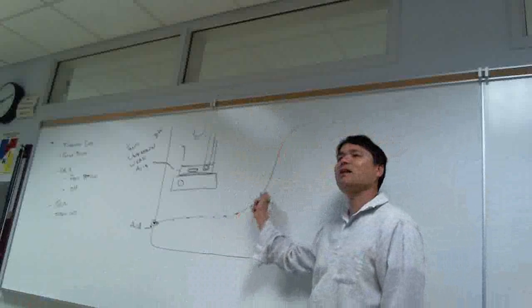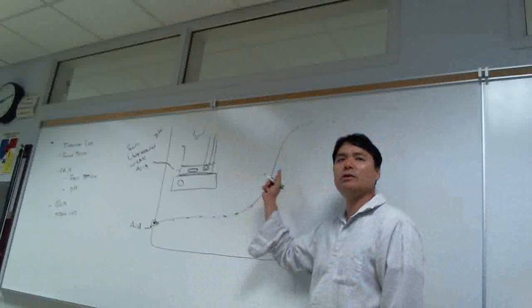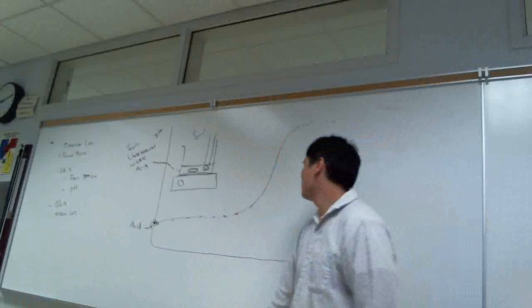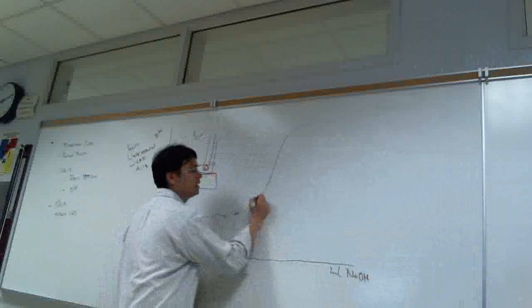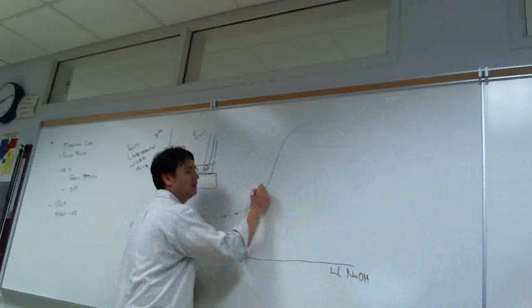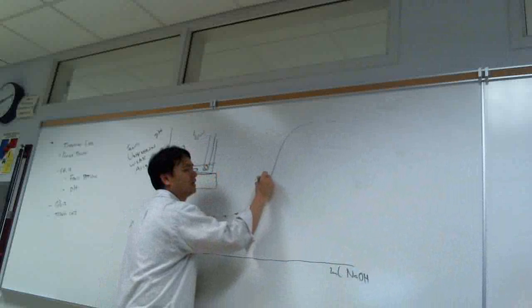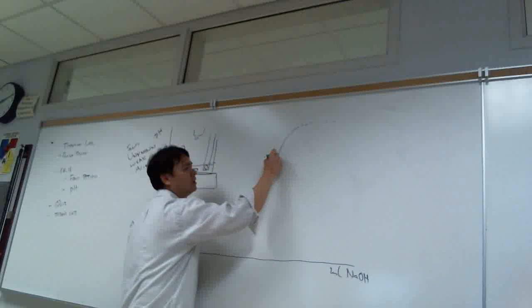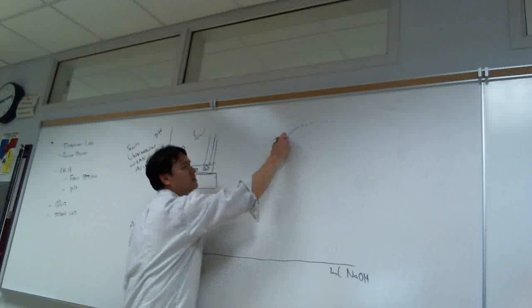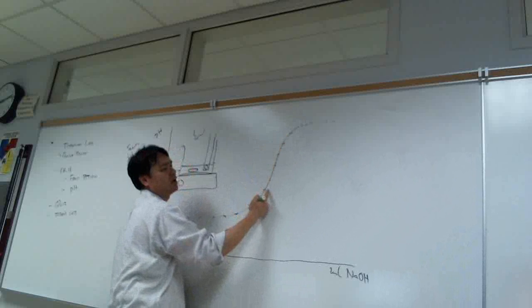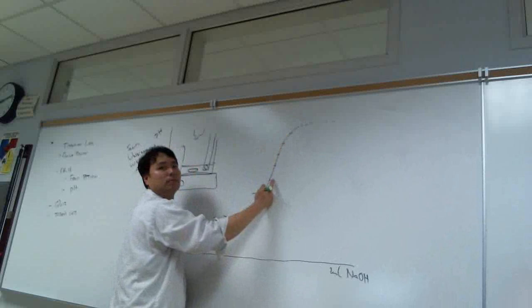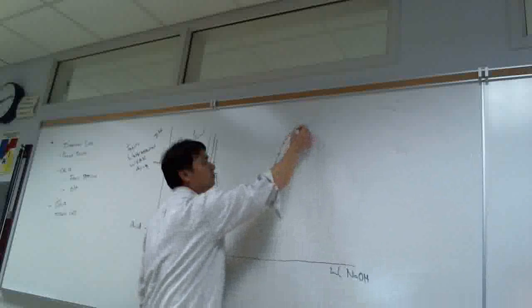We don't know exactly where it popped up, you know, with good precision. And so when we get close to the equivalence point, we got to tighten up the sampling frequency. That is, we take samples at much smaller intervals. These could be 1 drop intervals here. 1 drop, 1 drop, 1 drop. And then we're up here.